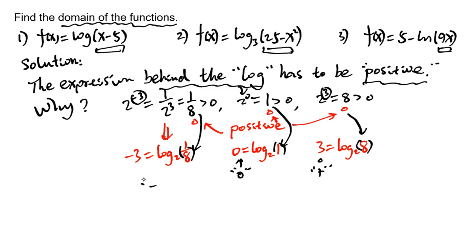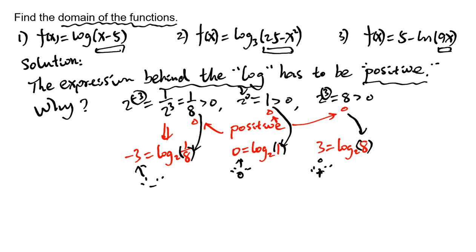For this one, negative; here it is positive. So that means for logarithm, the output can be negative, 0, or positive. But the input is always positive.